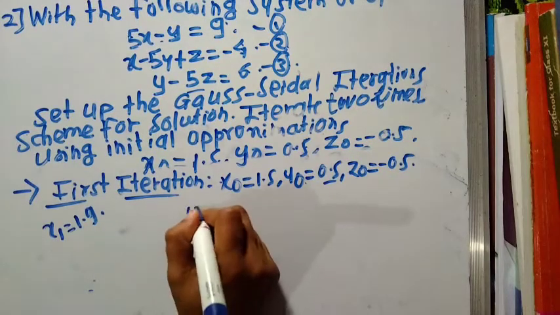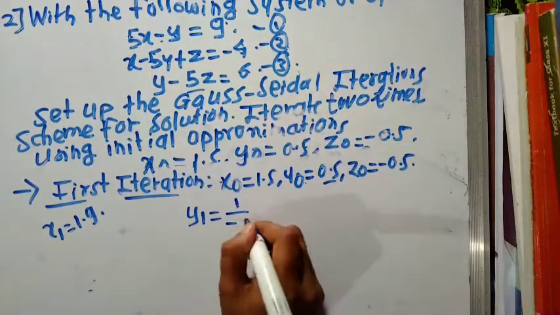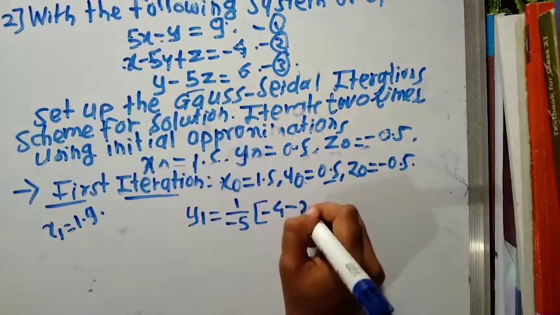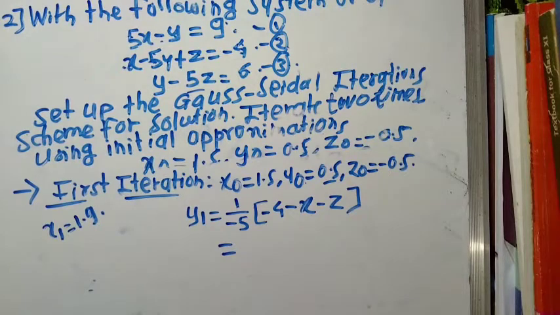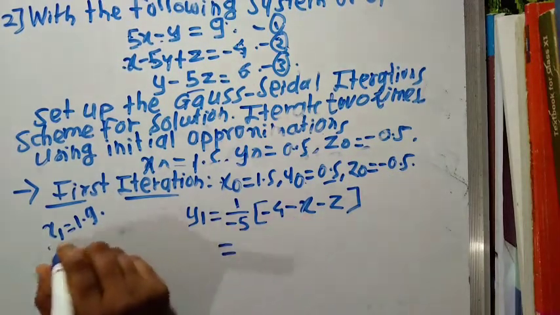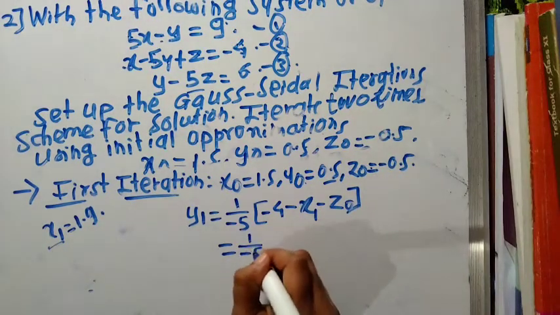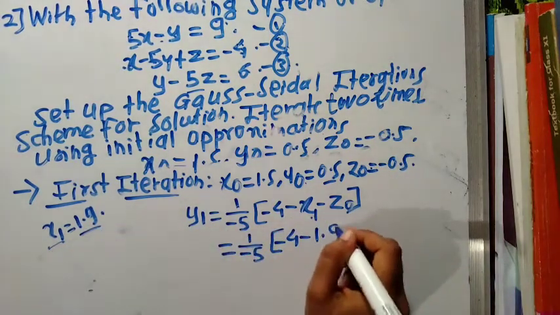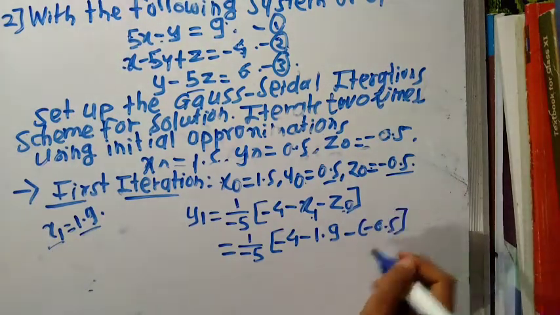Then find out y1. So here y1 from equation second, 1 divided by minus 5, minus 4 minus x minus z. So here we use x1 and z0. So 1 divided by minus 5, minus 4 minus x1 is 1.9 minus z0 is minus 0.5.